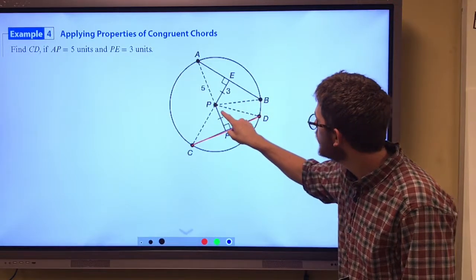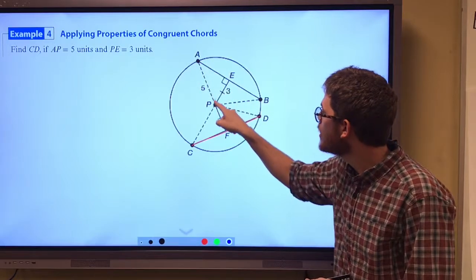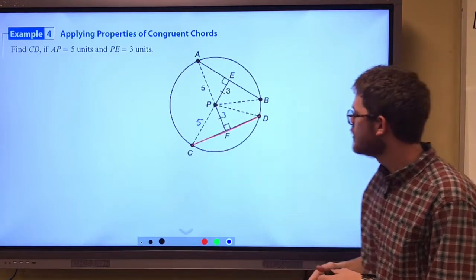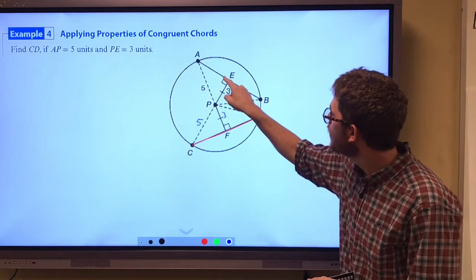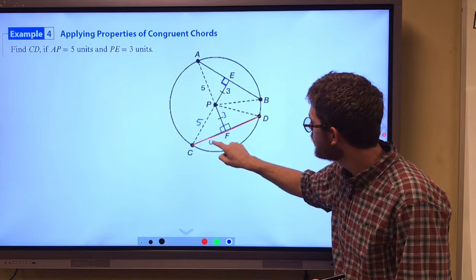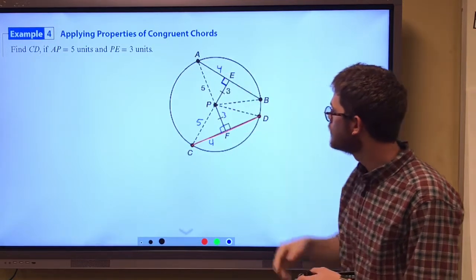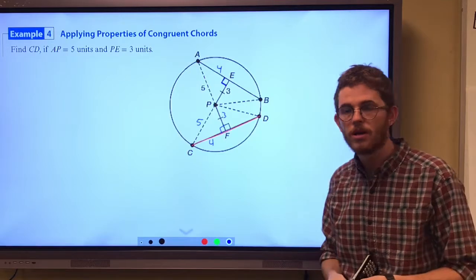PF and PE are both 3. Because that radius is 5, we know this radius is 5. And so I can see that this is a right triangle, and this is a 3, 4, 5 right triangle. So the missing side of these triangles is both 4.